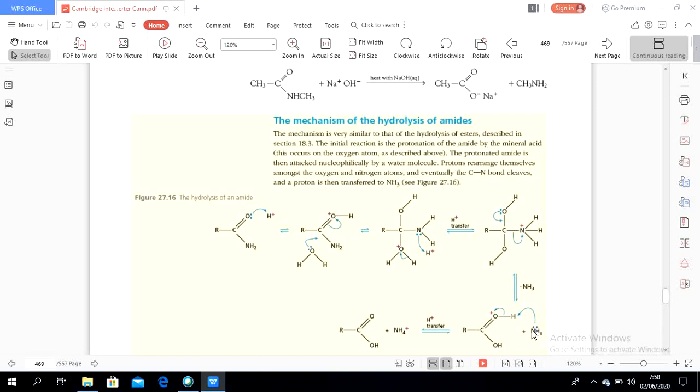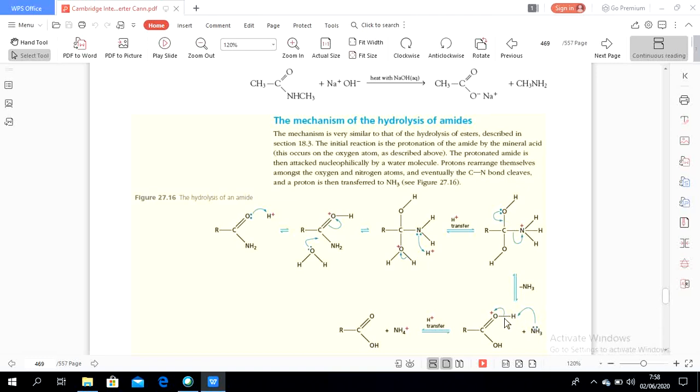There is a lone pair of the nitrogen in the structure of ammonia that makes a dative covalent bond with the hydrogen in the temporary or intermediate amide structure. This hydrogen makes the dative covalent bond with the ammonia.